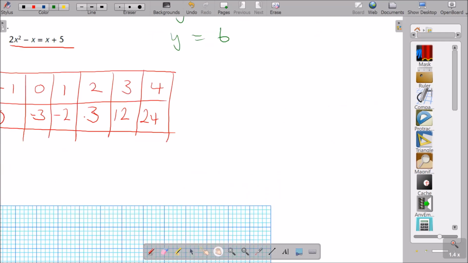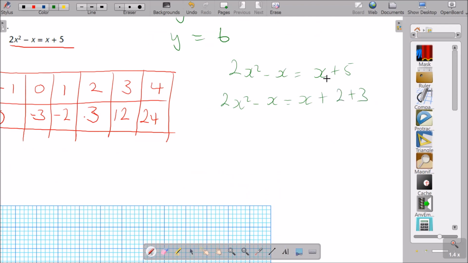So if we have 2x squared minus x is equal to x plus 5, we can say 5 is the same as 2 plus 3. So we can say 2x squared minus x is equal to x plus 2 plus 3.